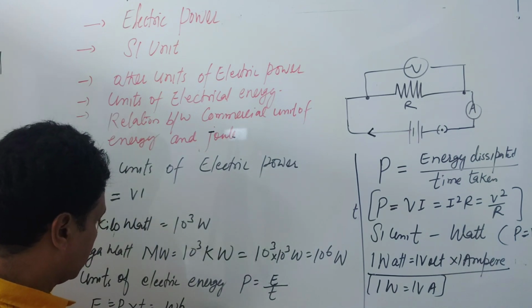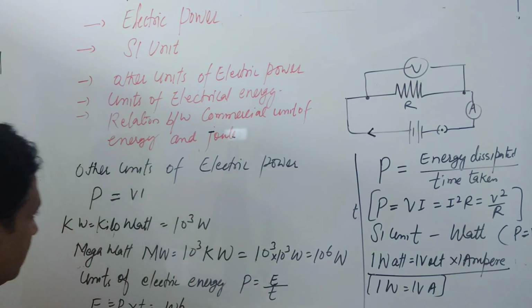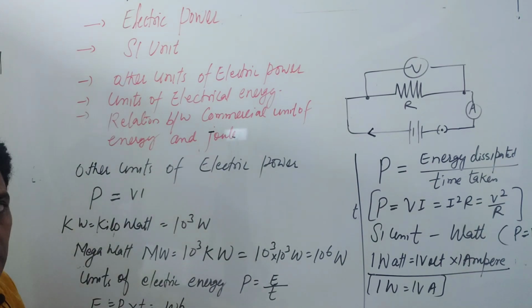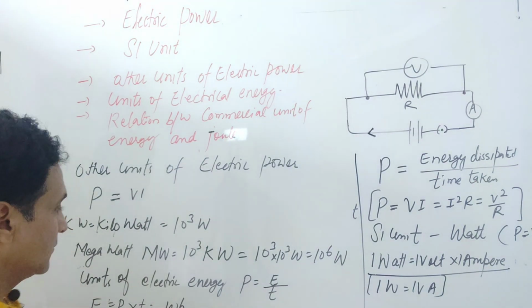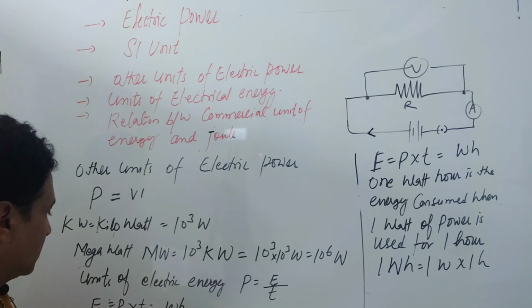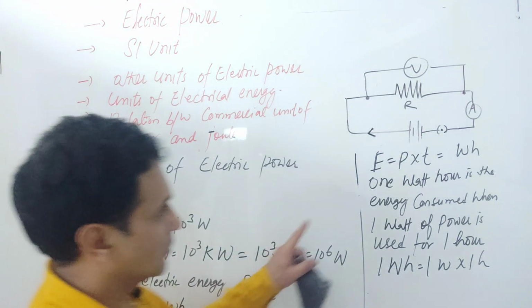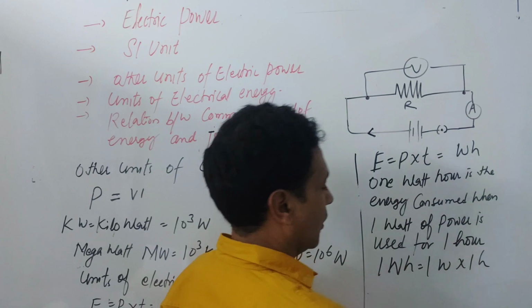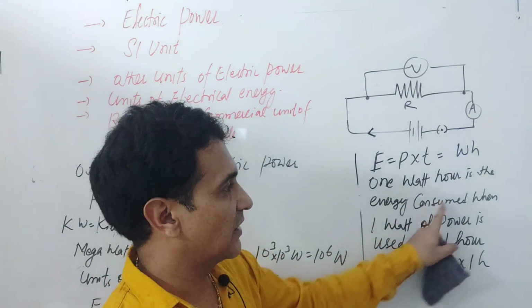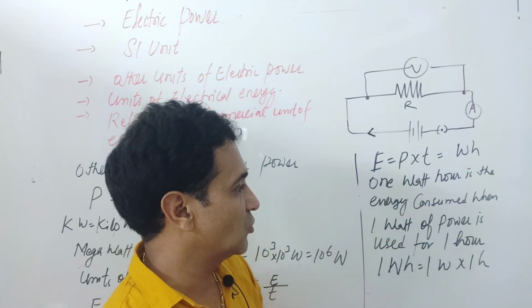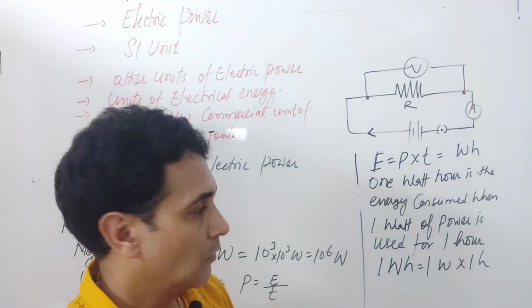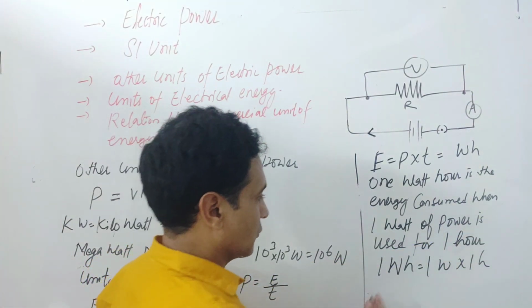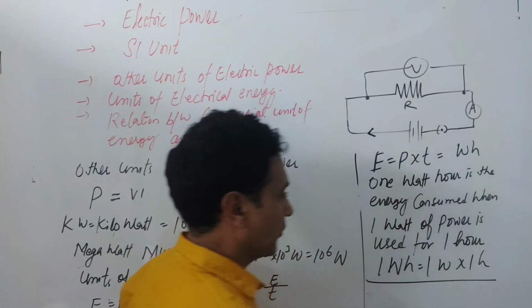It is a commercial unit. So the unit of electric energy is watt hour. 1 watt hour is the energy consumed when 1 watt of power is used for 1 hour. So 1 Wh is equal to 1 W into 1 hour.